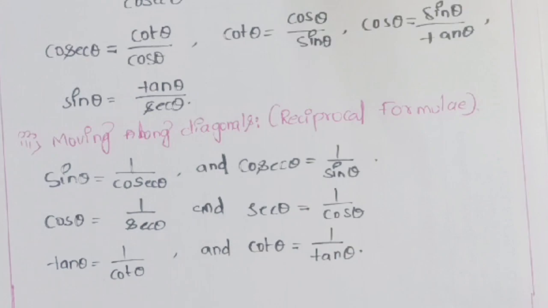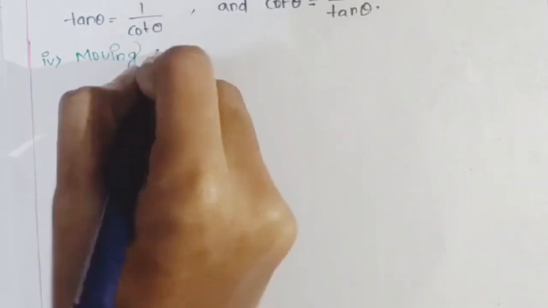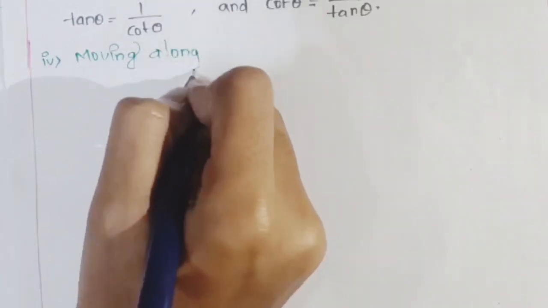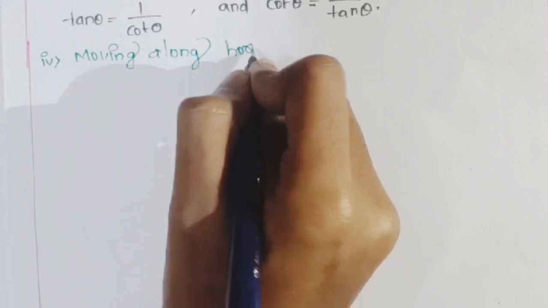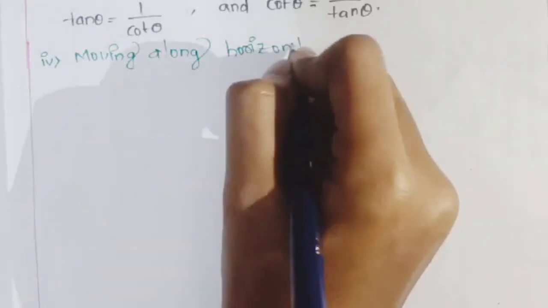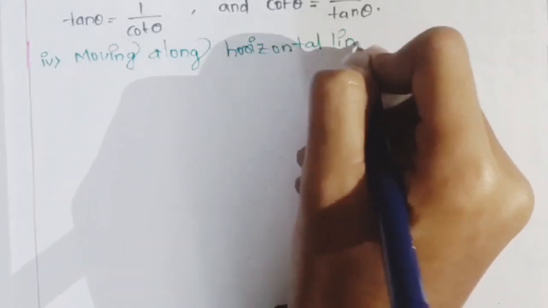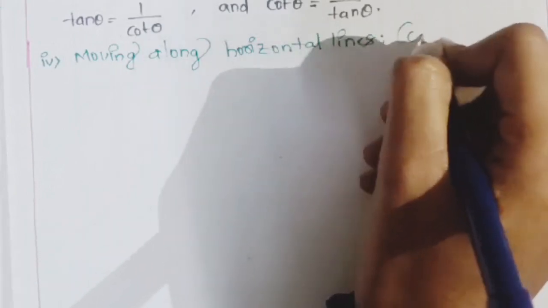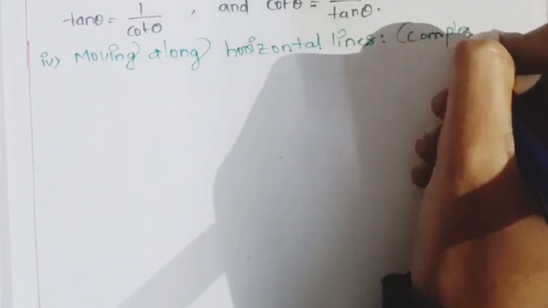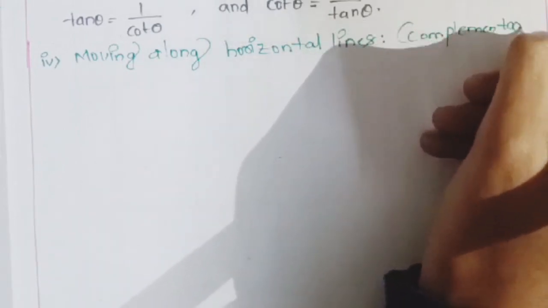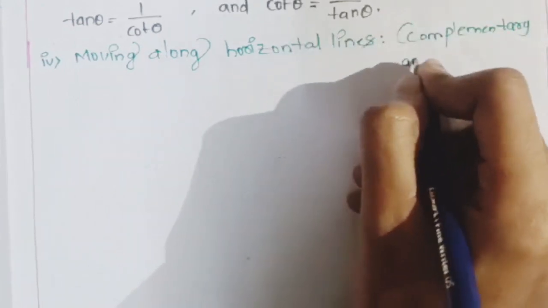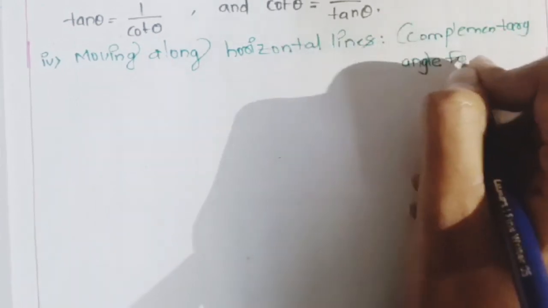Okay, so similarly, we moved diagonally, right? We can also move horizontally along the lines, so that we can get the complementary angle formulas. Complementary is nothing but 90, right?